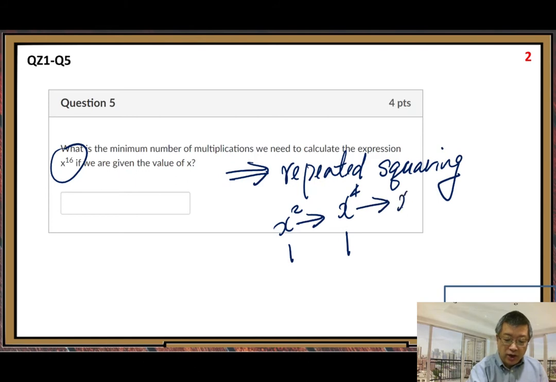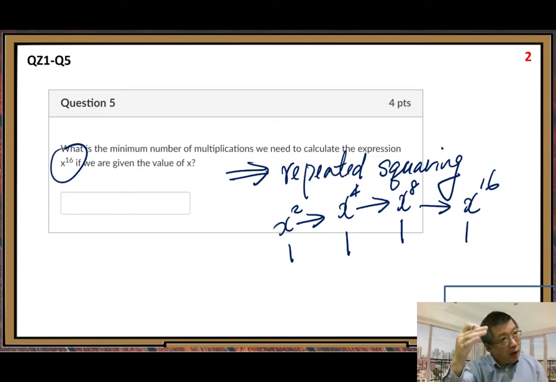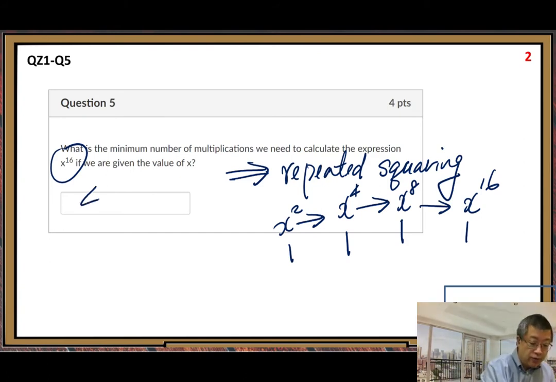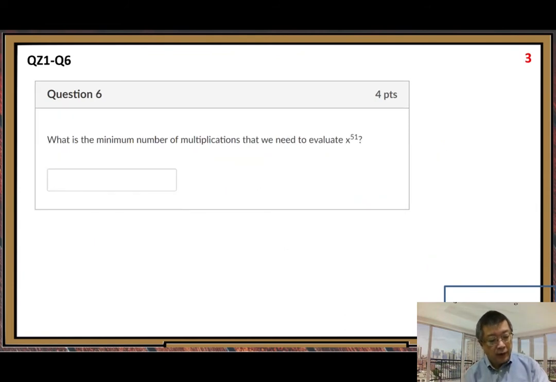Third multiplication, x to the 8th. And the last multiplication, another square. We do square operations 4 times. So the answer is 4. All right, question number 5.